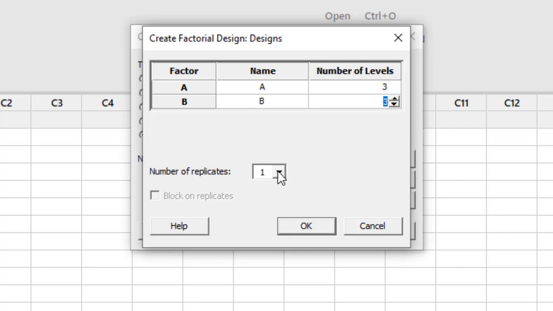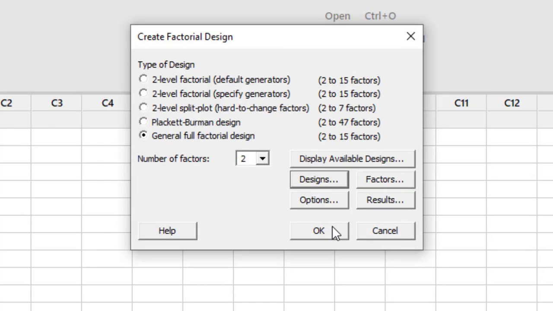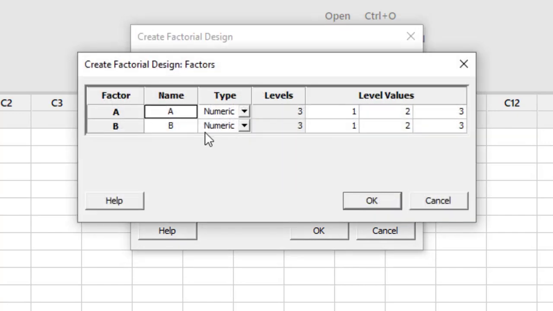There are 4 replicates. This is the most important: 4 replicates at each treatment. We'll click OK. Factor: the first factor name is material, so I will write material. The second factor is temperature, and there are 3 levels.